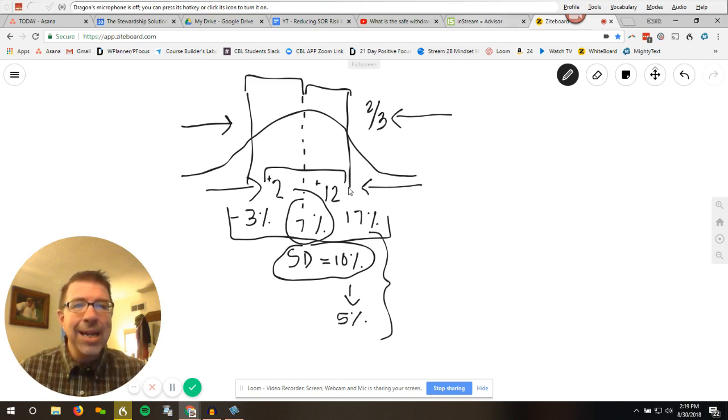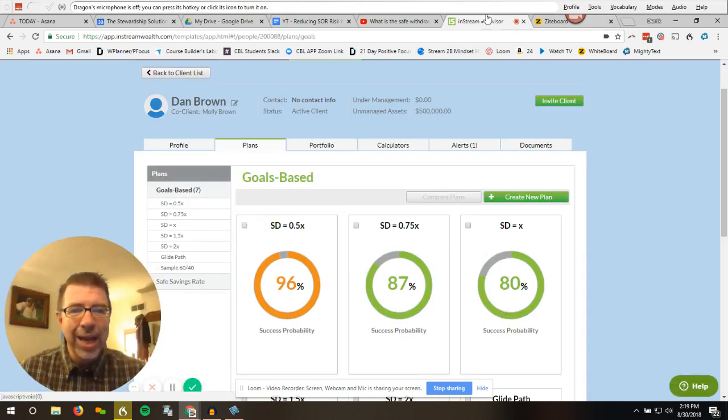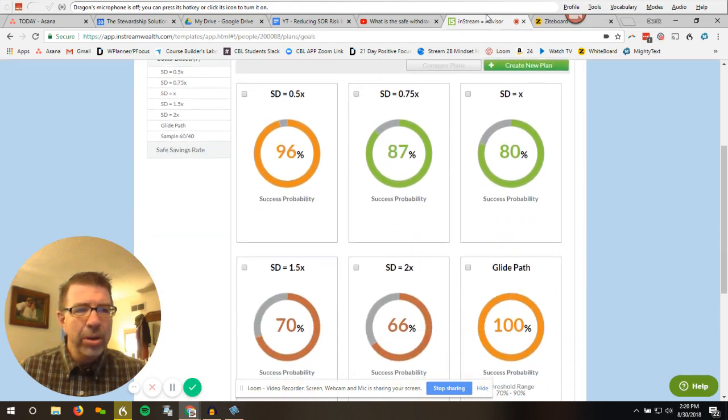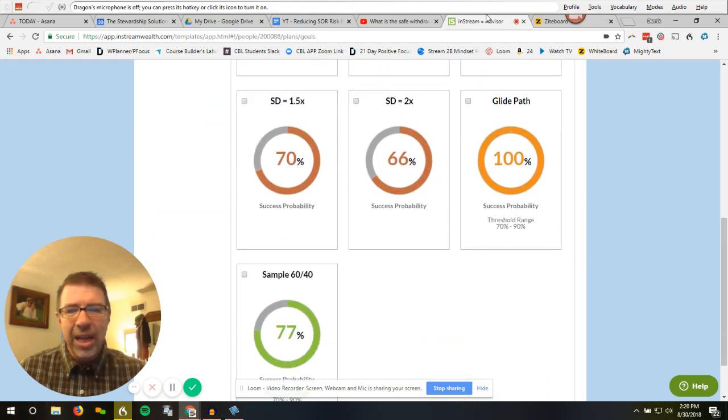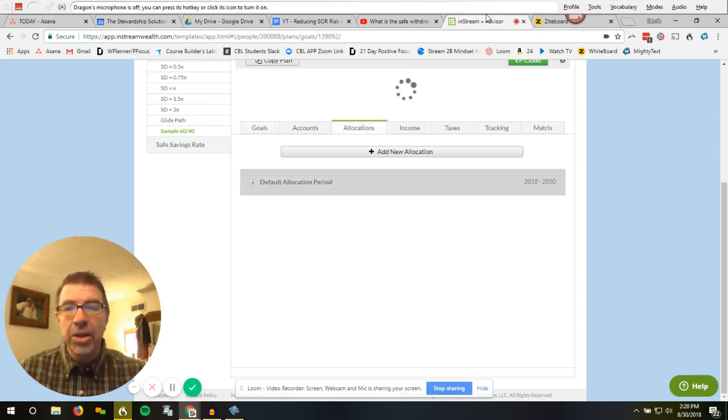So I did a little example using my financial software. We created a sample portfolio of 60% stocks and 40% bonds, and we said we had $500,000 and needed $25,000 a year. Let's take a look at the standard deviation, under our allocations.